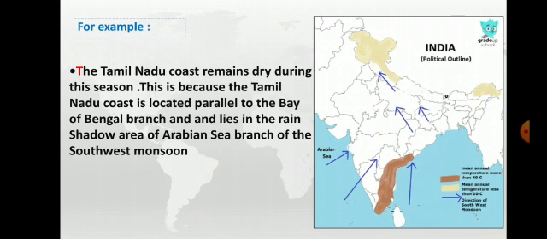That's why the Tamil Nadu region does not get rainfall in the southwest monsoon. Both the Arabian Sea branch and the Bay of Bengal branch are not bringing rainfall there. You can see the arrow mark how it is going, isn't it?